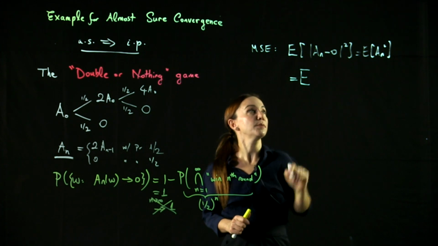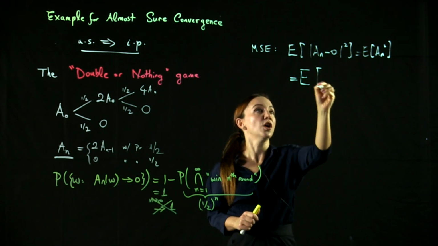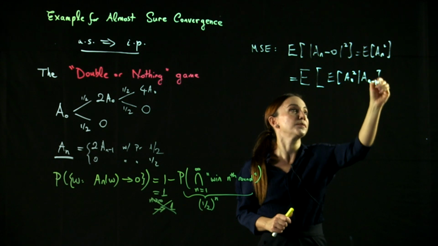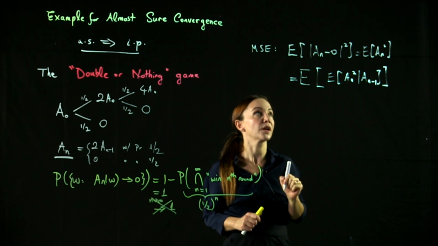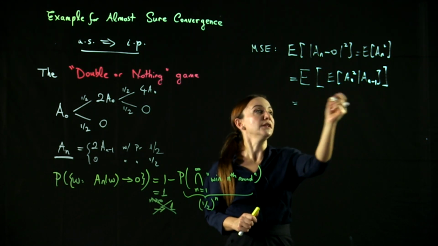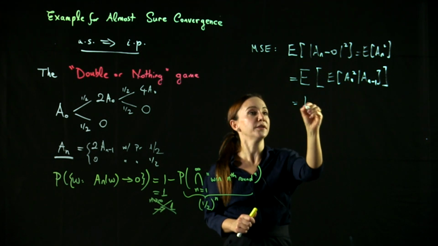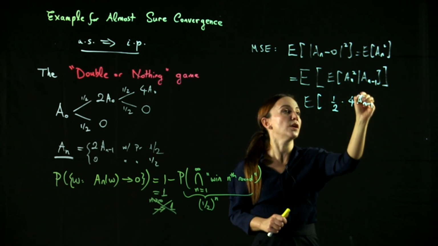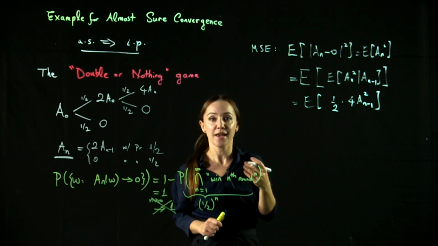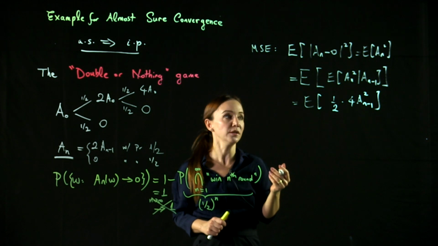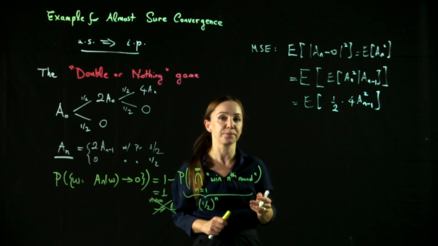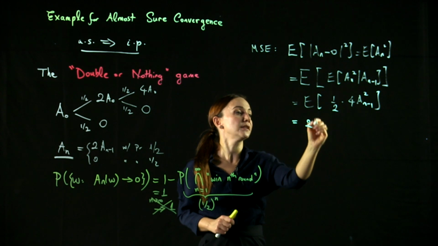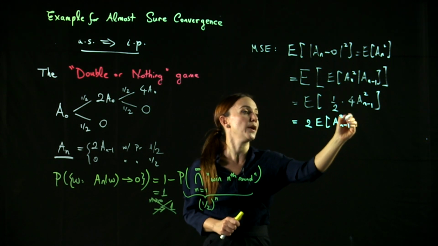We can write the expectation of a_n squared as the expectation of the expectation of a_n squared given a_{n-1}. Right? And given a_{n-1}, the expectation of a_n squared is simply 1/2 times 4a_{n-1} squared, because with probability 1/2, a_n is twice a_{n-1}, so it squares to 4a_{n-1} squared. Right. So then this is twice the expectation of a_{n-1} squared.